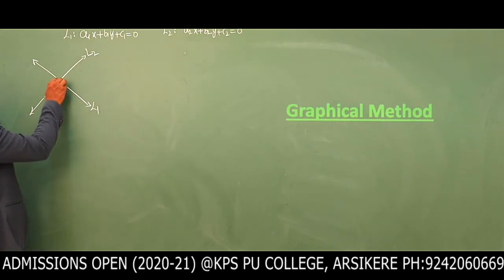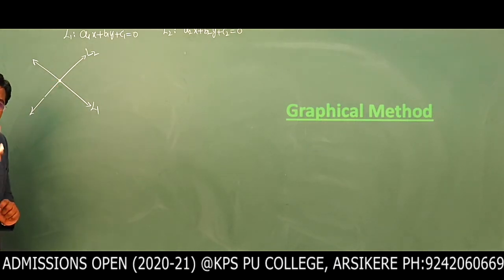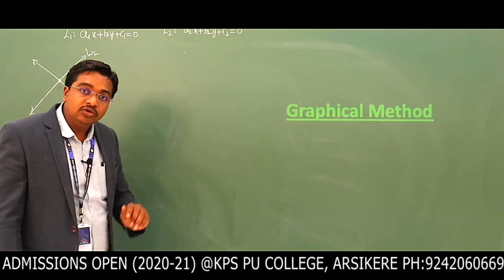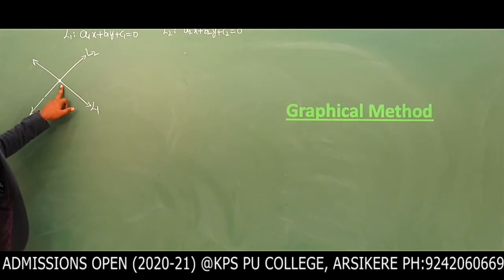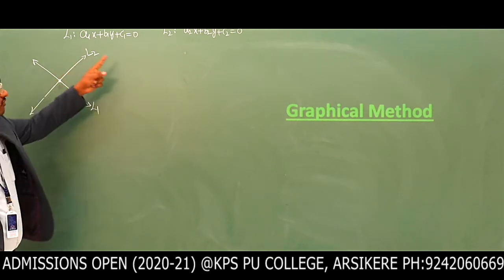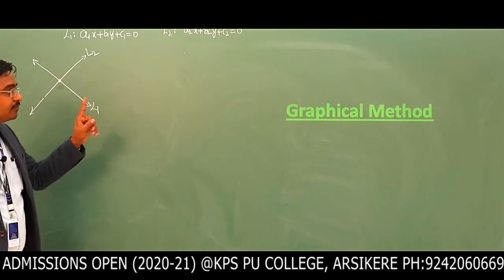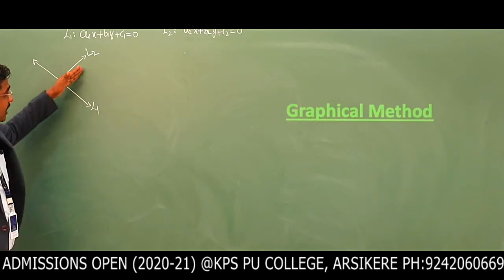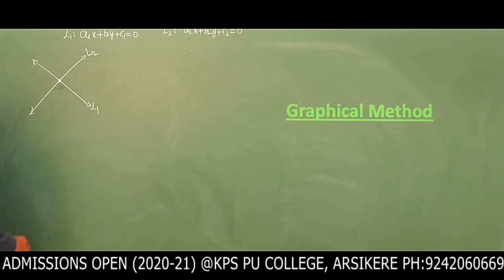Now we get the point of intersection, which is the point common to both lines L1 and L2. The x value and y value of this point are nothing but the solution of these two equations. When the lines intersect, we get only one solution.